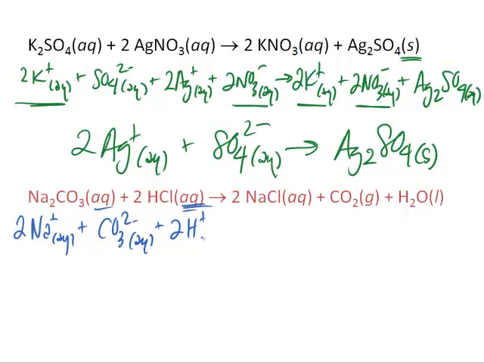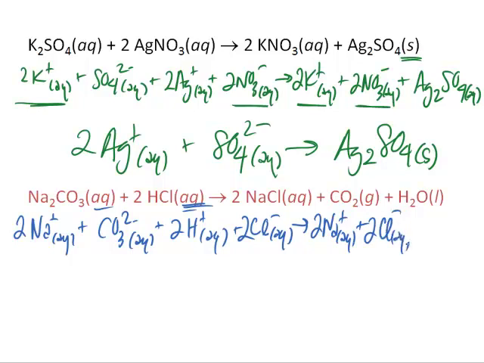This is aqueous, so that must be an acid. H plus ions plus 2 chloride ions yields 2 sodium aqueous ions plus 2 Cl aqueous ions, and CO2 and water stay the same because they are not aqueous. Gas phase and water, they do not dissociate.